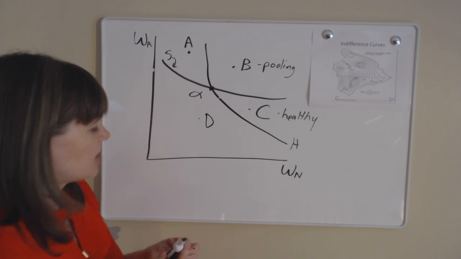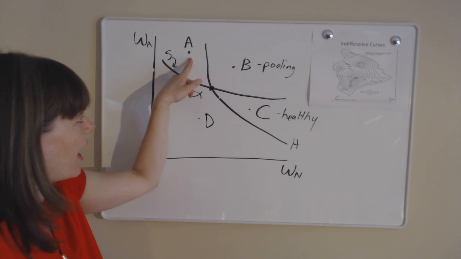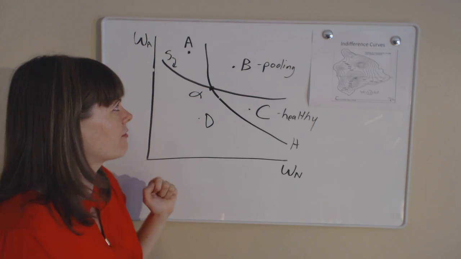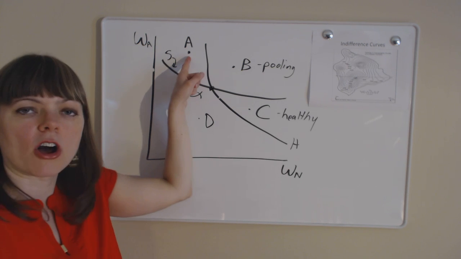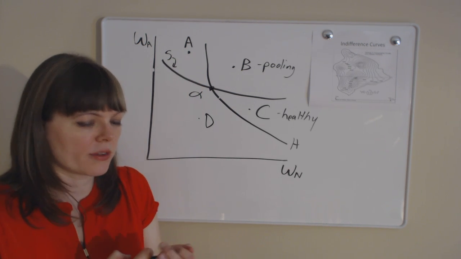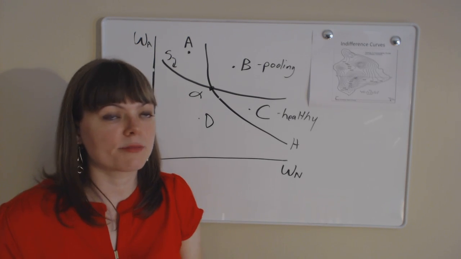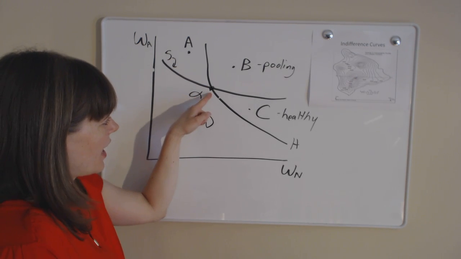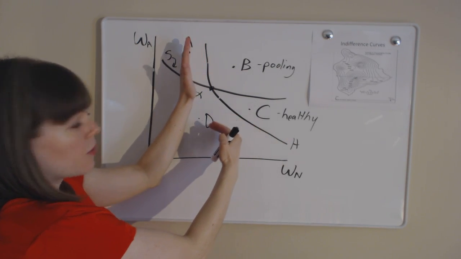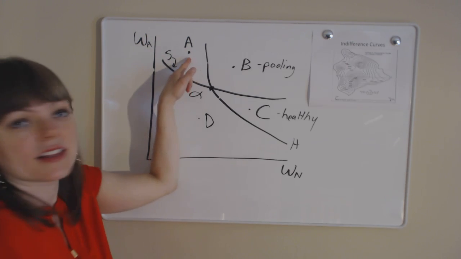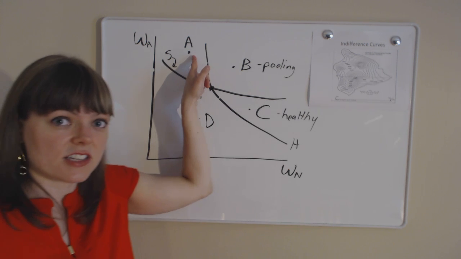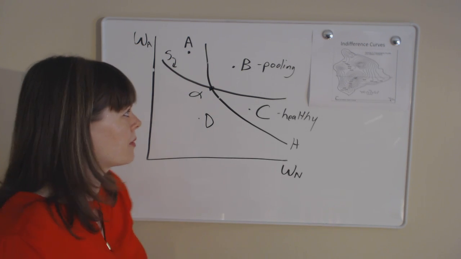So just to check a couple other cases, let's check point A. Let's say everyone has the insurance package associated with alpha, and you as an insurer come along and offer package A. First, let's check our healthy people and see if they are attracted to point A. If they have alpha, they're on this indifference curve, they would actually be moving downhill on utility mountain, getting less utility to switch to point A. So the healthy people are not going to switch to A, so definitely no healthy people.